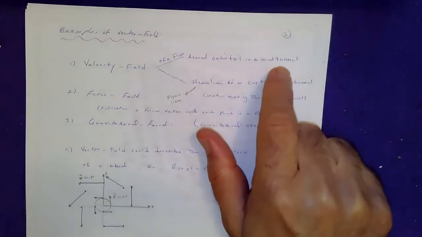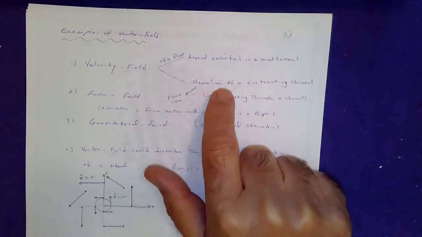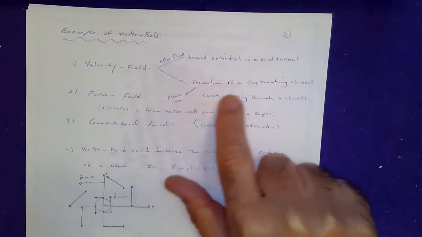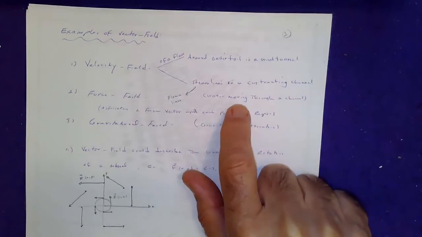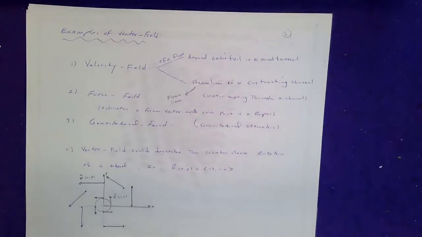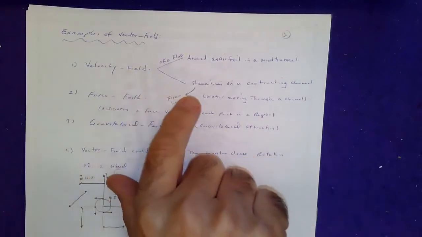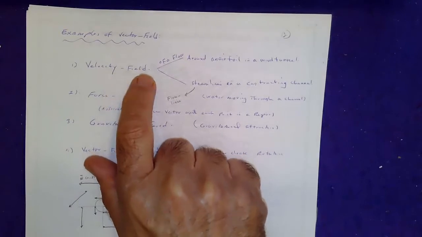So it's wind tunnel labs. The other one is streamline, which is the flow lines in a contracting channel. That's like water moving through a channel, like through a pipe or something. So that would be an example of a velocity field.